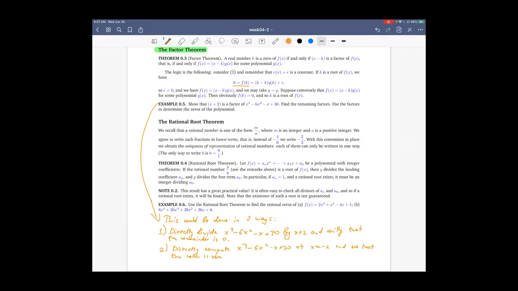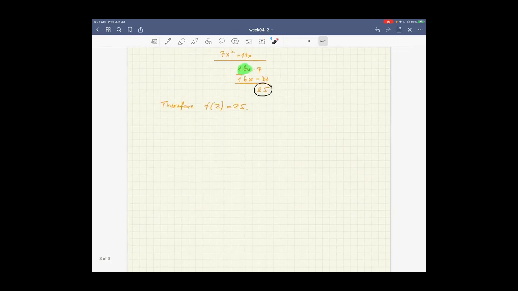We will go with the first way, simply because we have other questions to answer. And we need to divide this polynomial by x plus 2 to get the quotient to find the remaining factors. So let me do the division on the next page.